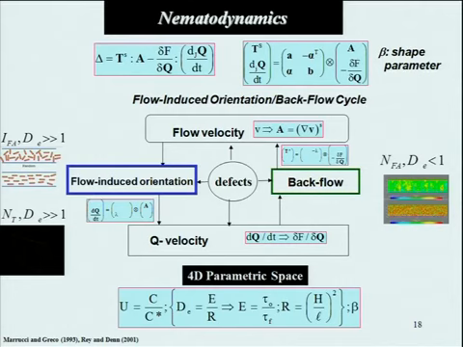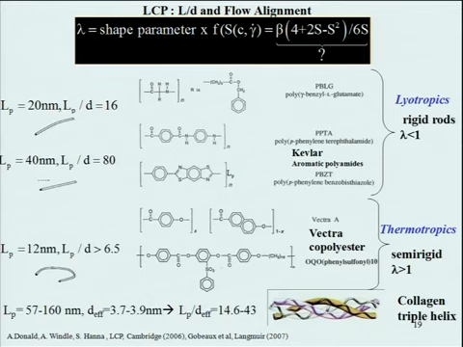This beta is positive for rods, negative for disks, and forms part of the critical tumbling parameter, lambda. So the tumbling parameter is proportional to the shape parameter, and then you have an ordering function in terms of scalar order parameters. But the key point is, how do you measure this beta parameter?